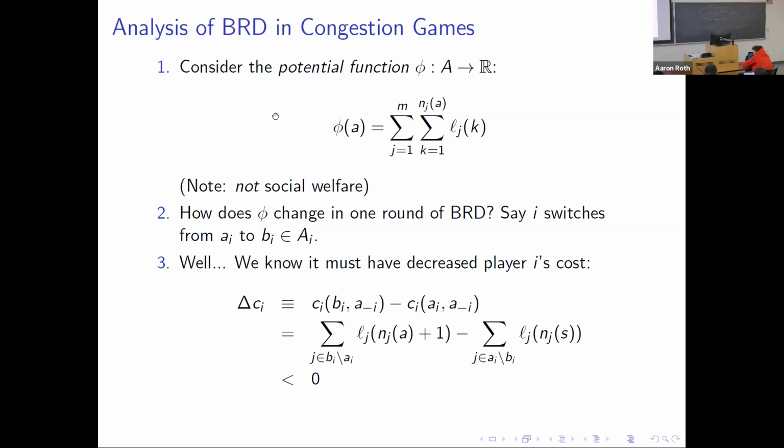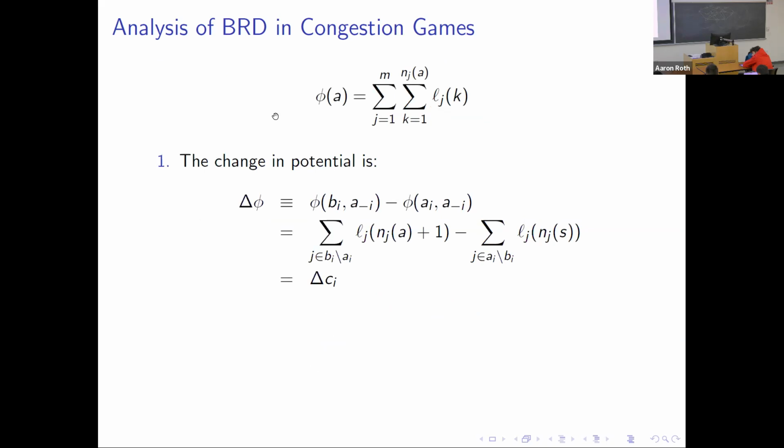And then if you were trying to design a potential function to make this proof work, you'd design it exactly so that the change in potential would be equal to the change in cost. So you know what the change in potential has to look like. It's sort of like a discrete derivative. You want to take the discrete integral of it or something. By the way, we're not quite done with the proof yet.